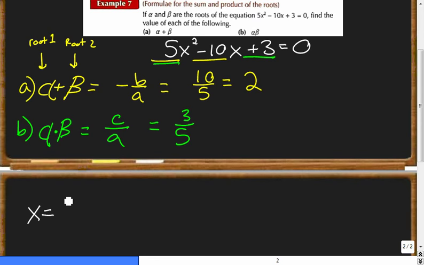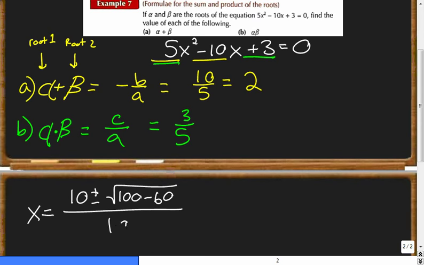So x equals negative b, which is 10, plus or minus the square root of b squared, which is 100, minus 4ac, which is 3 times 5 times 4, so 60, and then over 2a, which is 10. So we have 10 plus or minus the square root of 40 over 10.